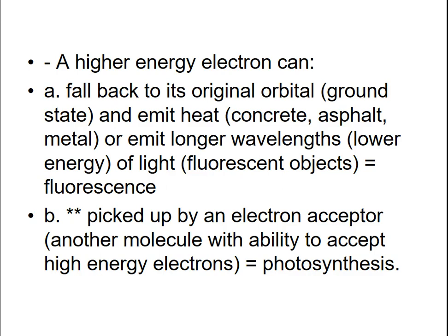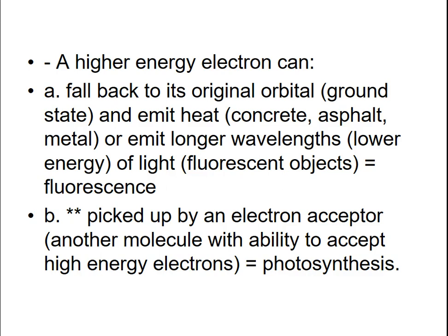Now, with photosynthesis, we have one more option that's available. And that is, rather than this high energy electron falling back to its original position and giving off that energy as heat, which most materials do, or giving off that energy as light, which a few materials will do, in the process of photosynthesis, this high energy electron can be picked up by an electron acceptor.